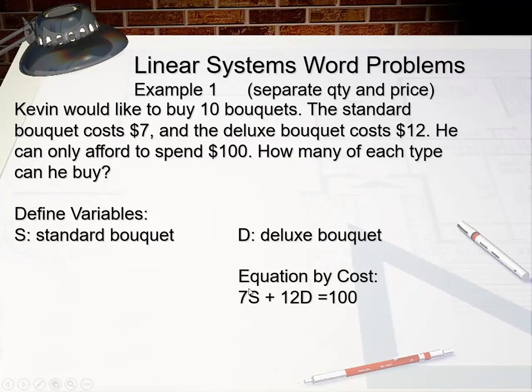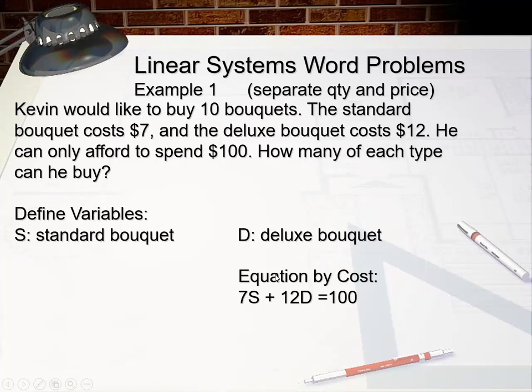I know that for every standard bouquet, it says up here that it's $7. So that's $7 times every standard, plus over here for deluxe, it's $12 for every deluxe, and he has $100. We can't go over $100. So that's the first equation.